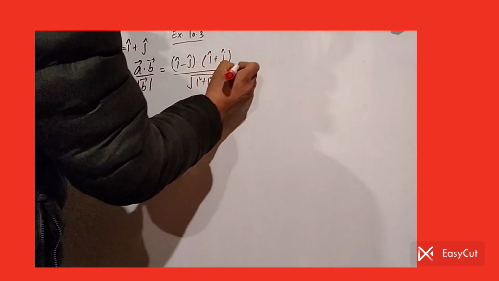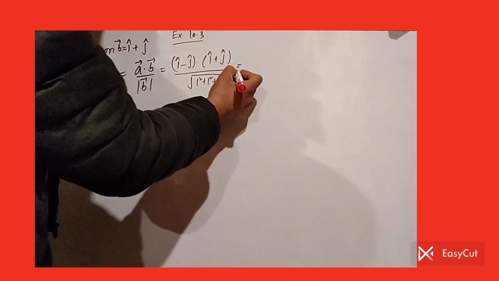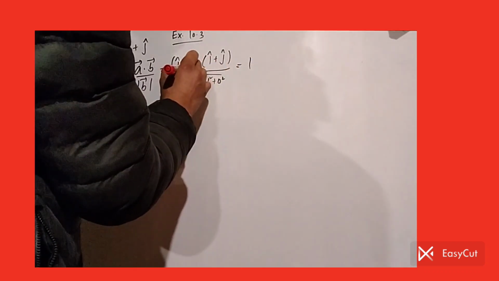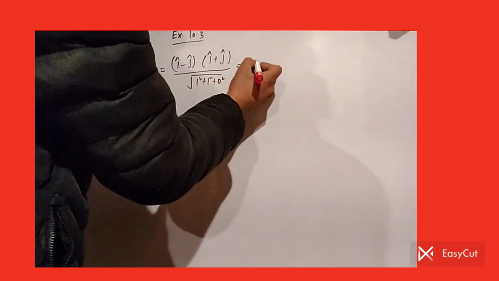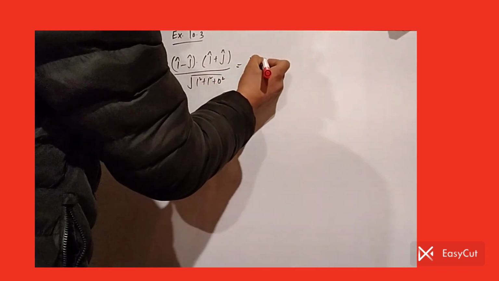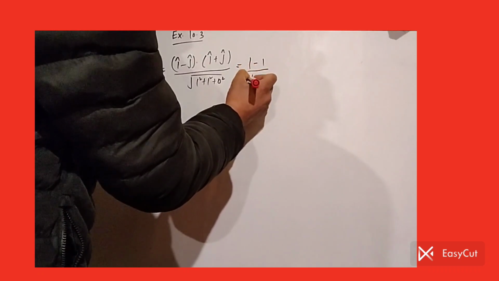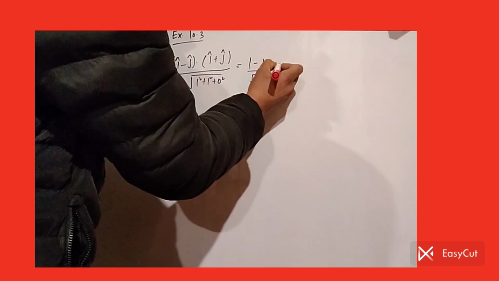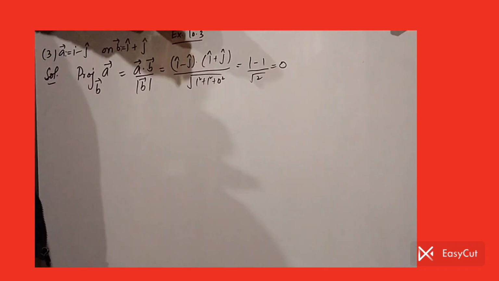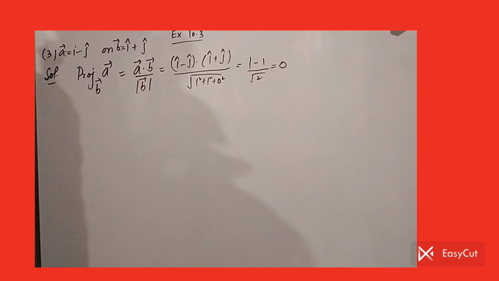That is equal to i dot i is 1, i dot j is 0, so minus j dot j is 1, whole divided by under root 2, and that must be 0. Yes, the projection must be 0.